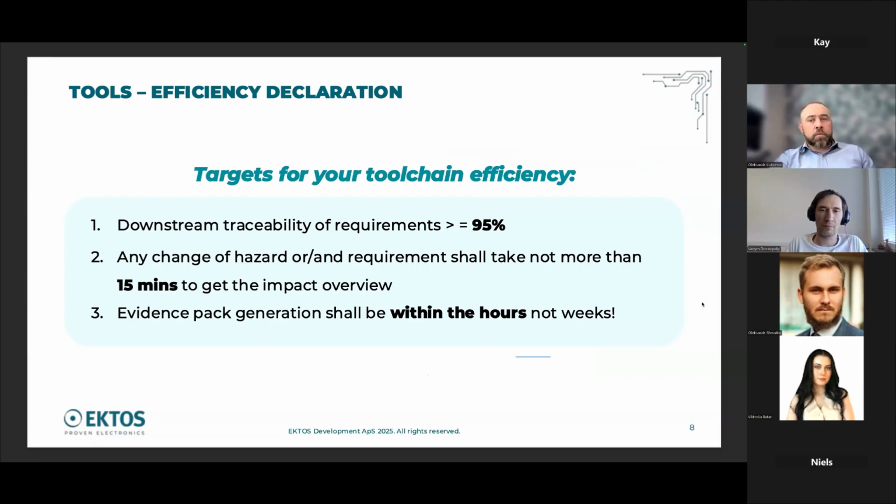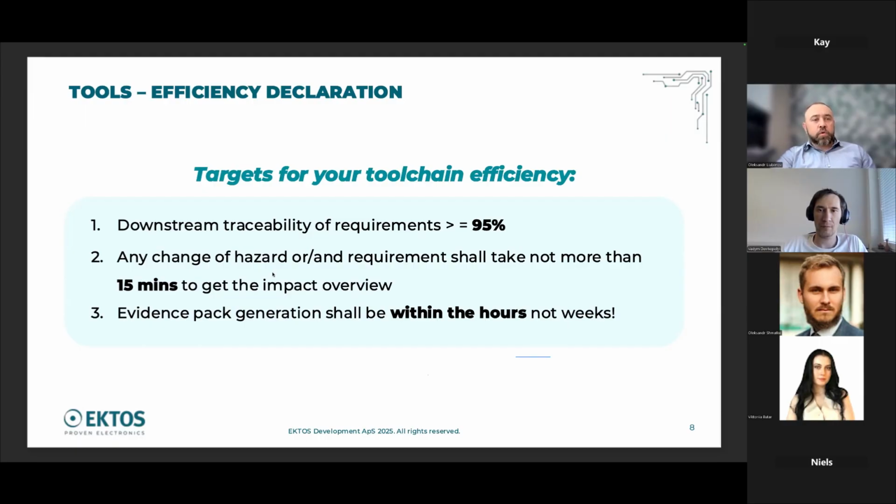The second efficiency requirement and metric I would suggest using as a quantitative measure is that if we have a top-level change in a safety requirement, product requirement, or hazard registration or analysis list, we would want to have gap analysis or impact analysis done within 15 minutes.